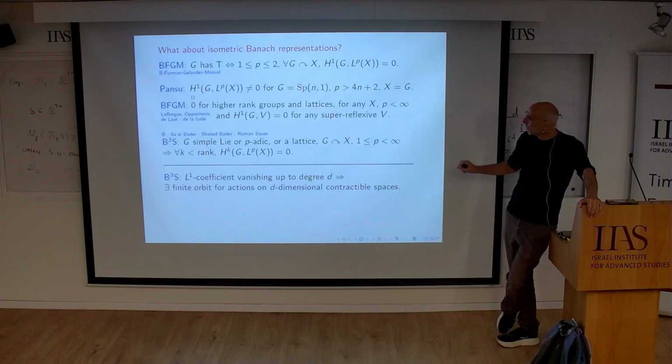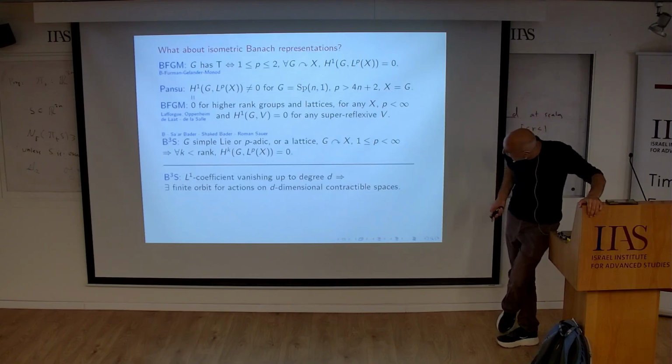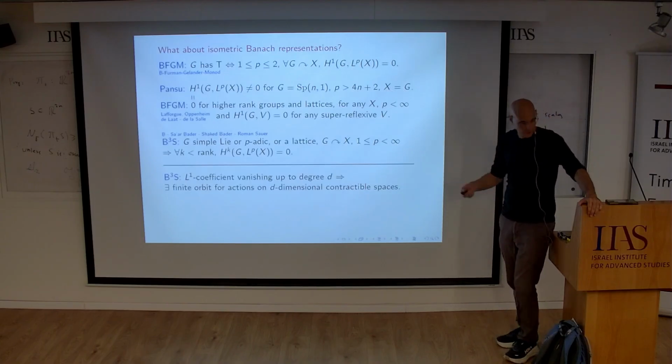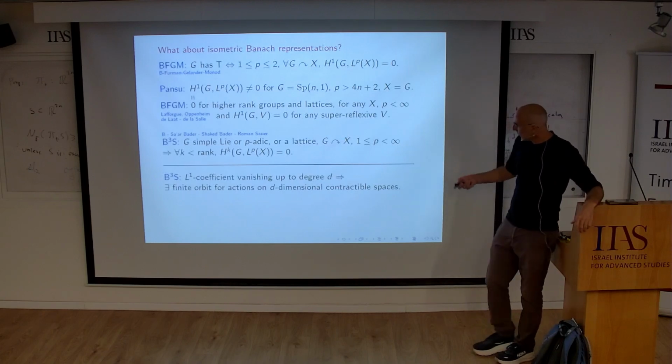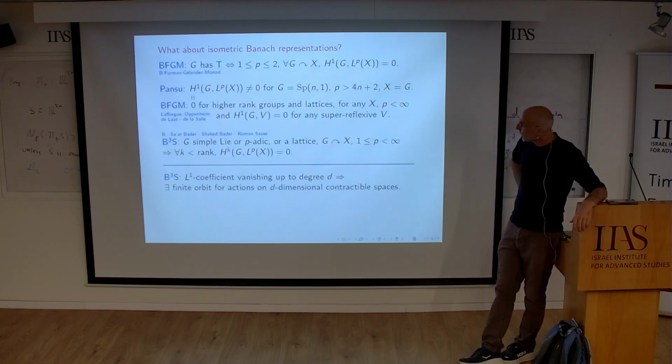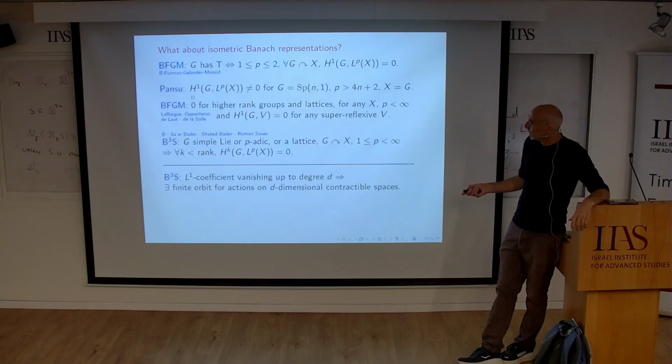And the vanishing condition with L^1 coefficients actually implies the property that I started this lecture with: for any action on a d-dimensional contractible CW complex, where the assumption is that the action is by transformations that preserve the cellular structure, we do have a finite orbit. So this is a generalization of Watatani, and this answers your question.